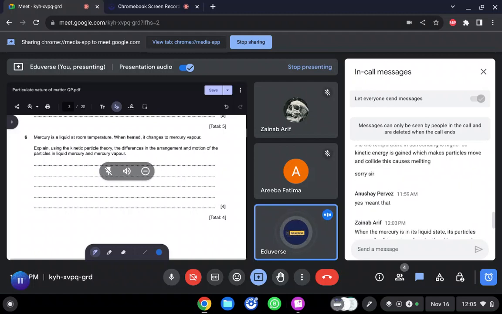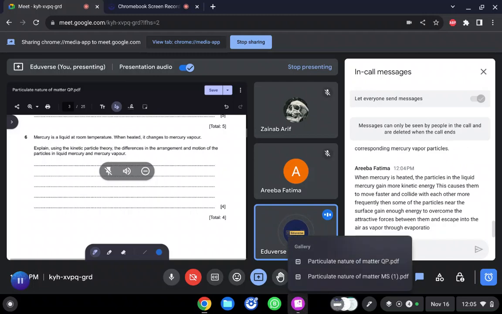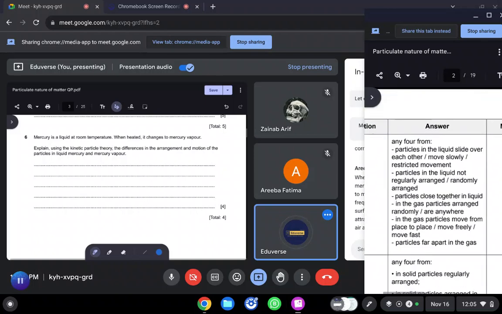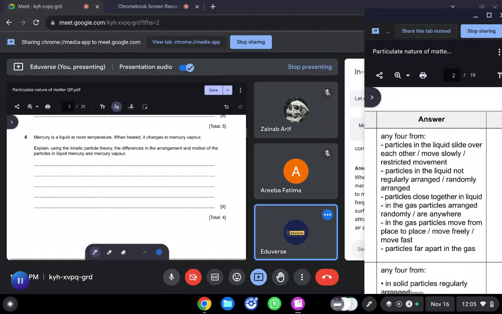Okay, I haven't received Anushi's response. So let me read the marking scheme for you. In question number 6, these are the points they need from you. Particles in the liquid slide over each other, move slowly, restricted movement.